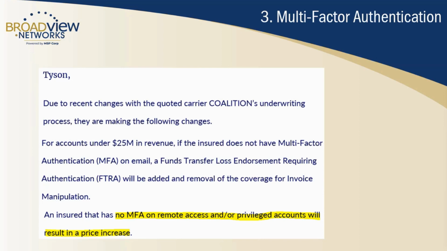We recently saw that Coalition has underwriting rules now that if an account is under 25 million in revenue and they don't have multi-factor in place, they cannot get a funds transfer loss endorsement. So they will not get certain levels of cybersecurity insurance within their cybersecurity application if they don't have MFA in place.